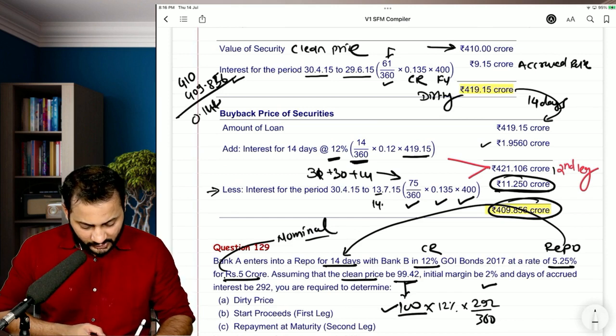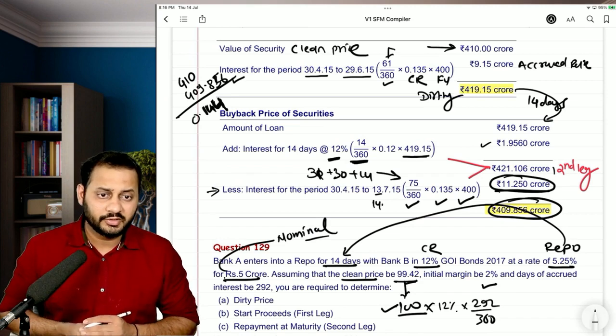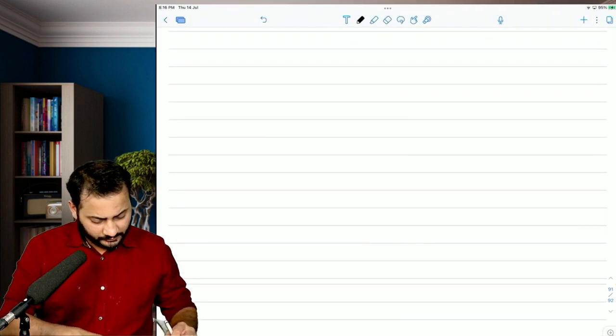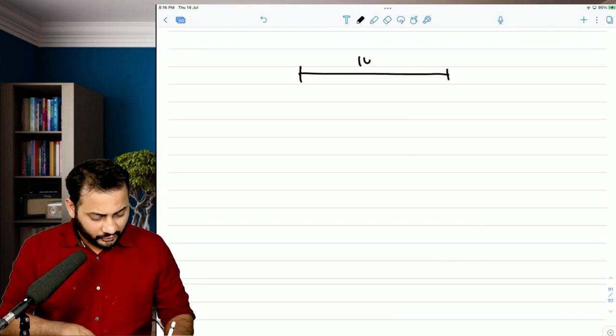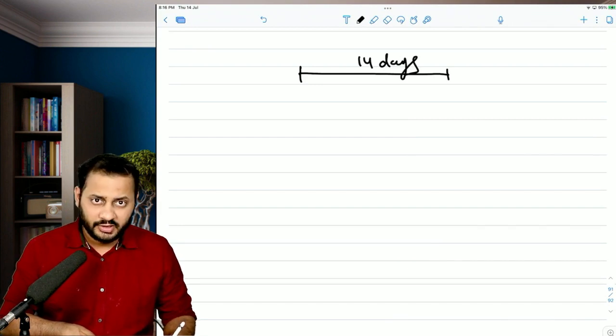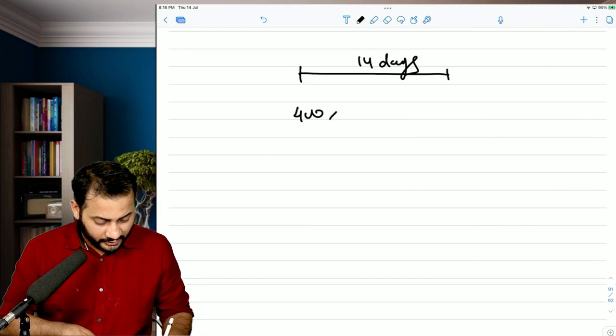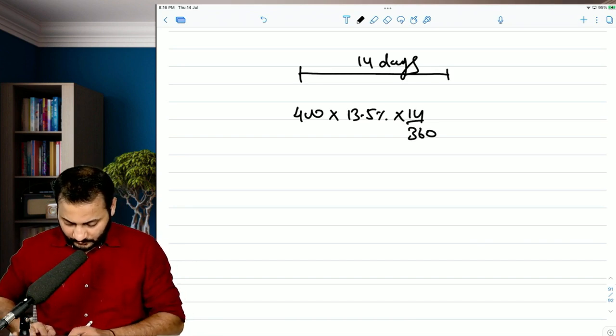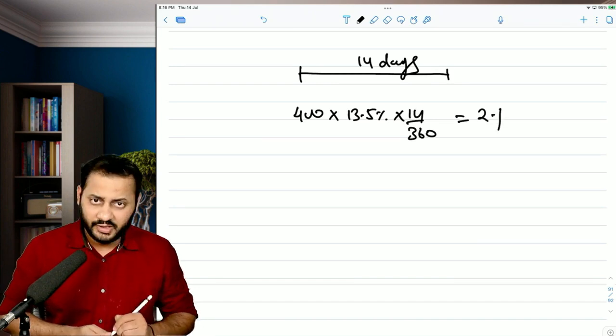The difference is 0.144, and this difference is nothing but the difference in interest, I can calculate this. Just have a look. For 14 days, the other bank kept our securities. So 400 crore into 13.5% into 14 days interest comes down to 2.1 crore, right?